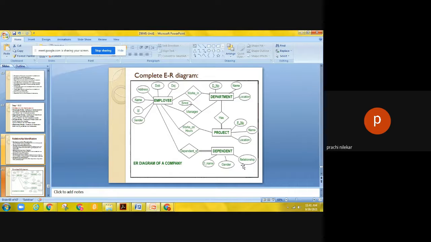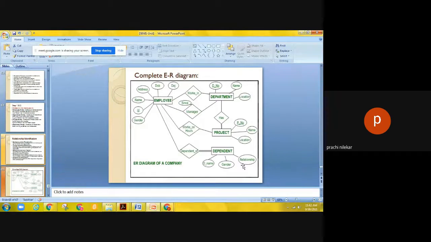So now over here, for employee, which is the key attribute? Which is the key attribute in the diagram? ID, which is underlined. And for department, department number.